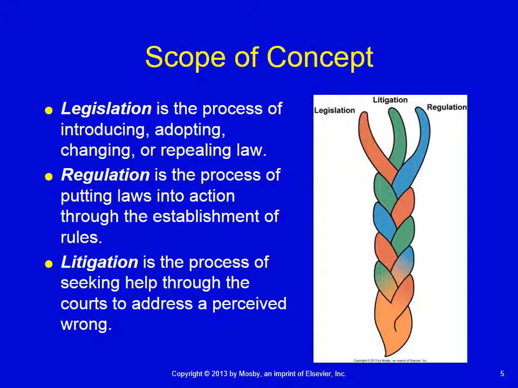So laws are developed through the legislation process, which is through Congress, and legislation is the process of introducing, adopting, changing, or repealing laws. Once the laws have been voted upon and signed off by the powers that be, it could either be the president, or if it is a healthcare law that the state wrote, it would be through the governor.